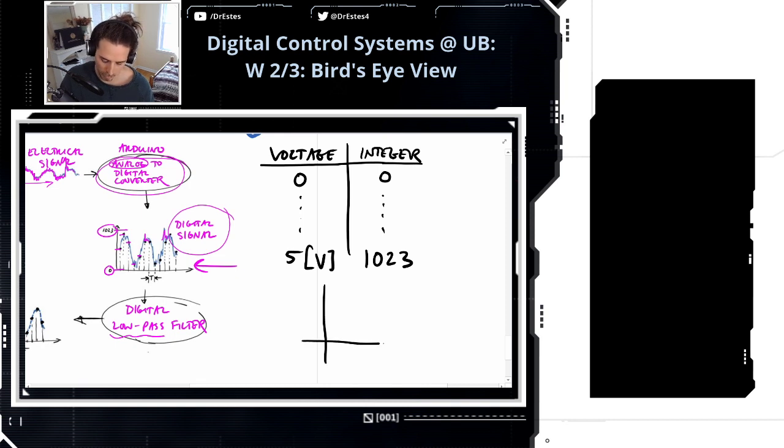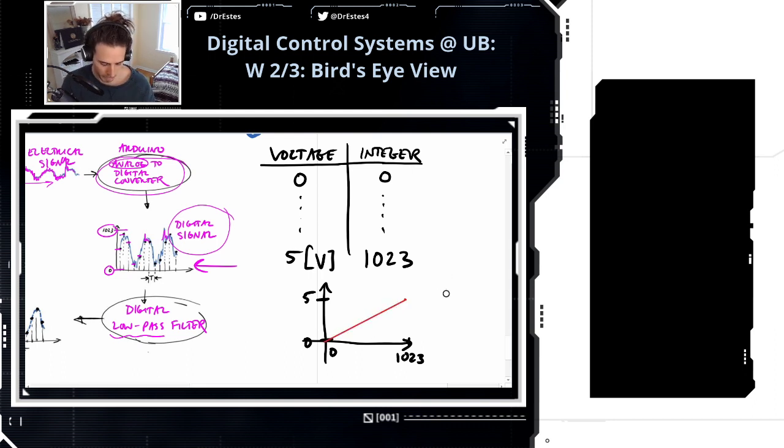So now I'll make a graph actually. Let's make this horizontal axis 0 to 1023. And then this axis goes 0 volts up to 5 volts. And we connect these points with a line.